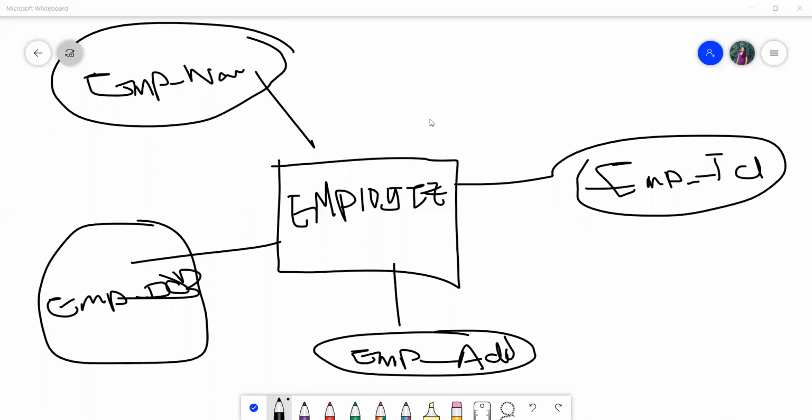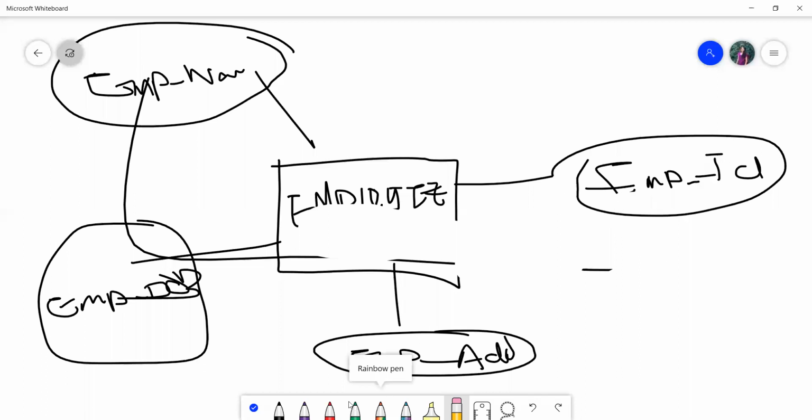Date of birth is denoted by DOB. So what is the primary key? What attribute can we choose as the primary key of this entity? Go through all the attributes. So what is the primary key? Employee ID. Yeah, employee ID as the primary key of this entity.